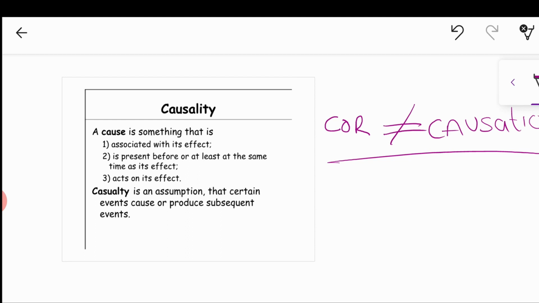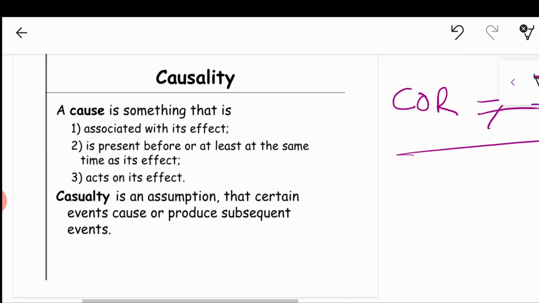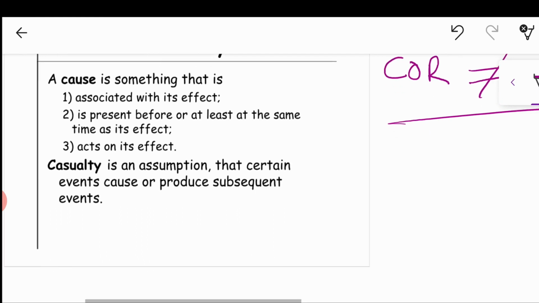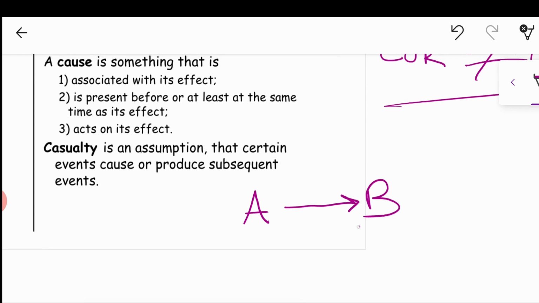So what is a cause? A cause has three predispositions. It should be associated with its effect, it should come before or at the same time, and it should act on the effect. Let's use an example. A, which is the cause, should cause B. If A is a cause, it should have an effect on B. If A is the cause, it should come before, so this is before and this is after.